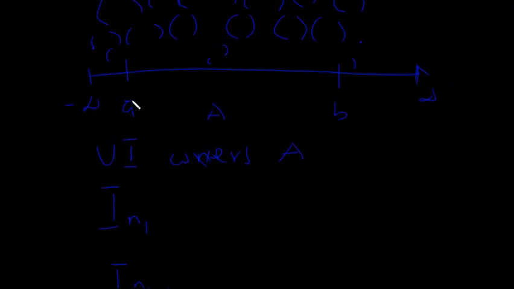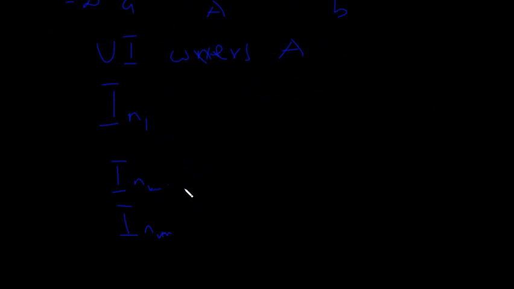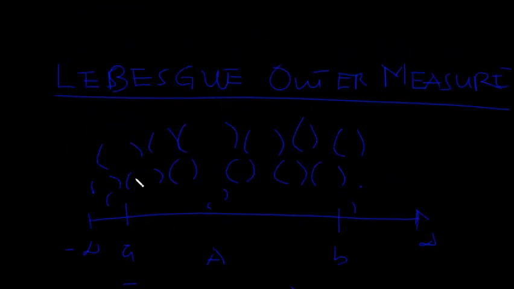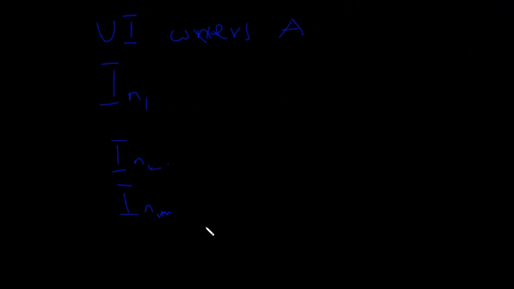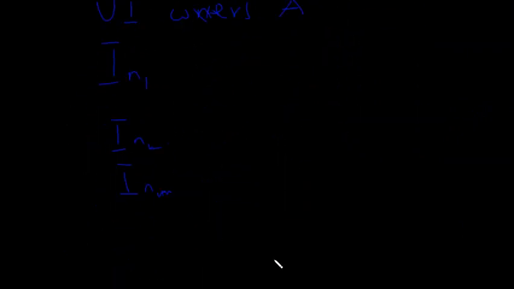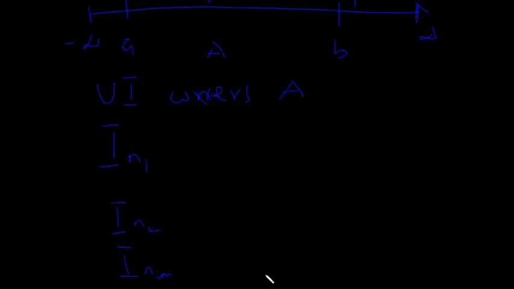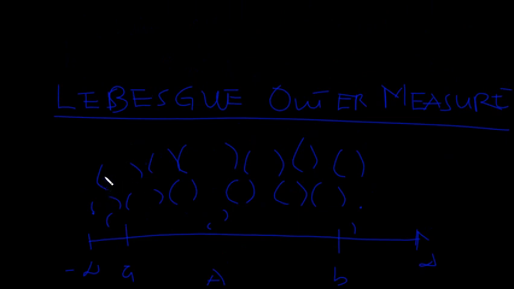When I come to the second one, I have only 2, so my k is going to run from 1 to 2. Somebody can pick m, so it's going to have different intervals running from a certain 1 to a certain number. So I hope you're getting it. You choose a number of intervals such that the union should cover A. That's what I'm trying to say here. Then what I'm saying is that the outer measure of A is that I will pick this interval and I'll find the outer measure.